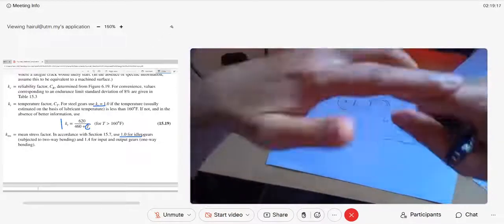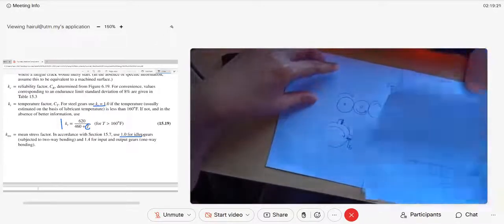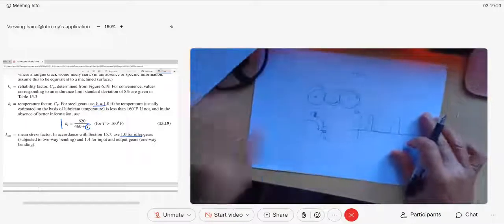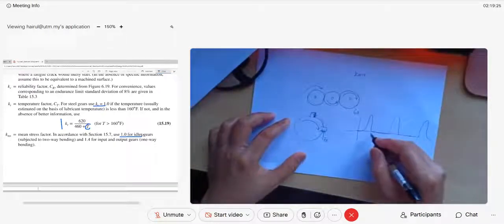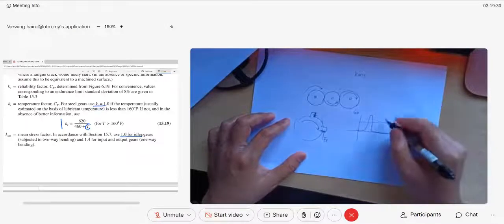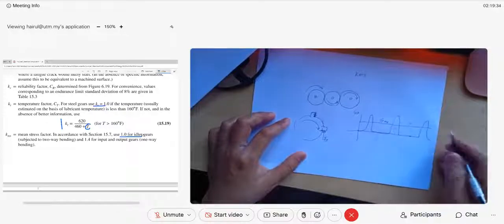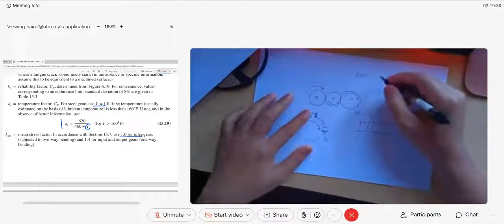When it goes on the same surface, it only has positive bending, no negative side. So the mean stress is much higher. That's why the KMS is 1.5.